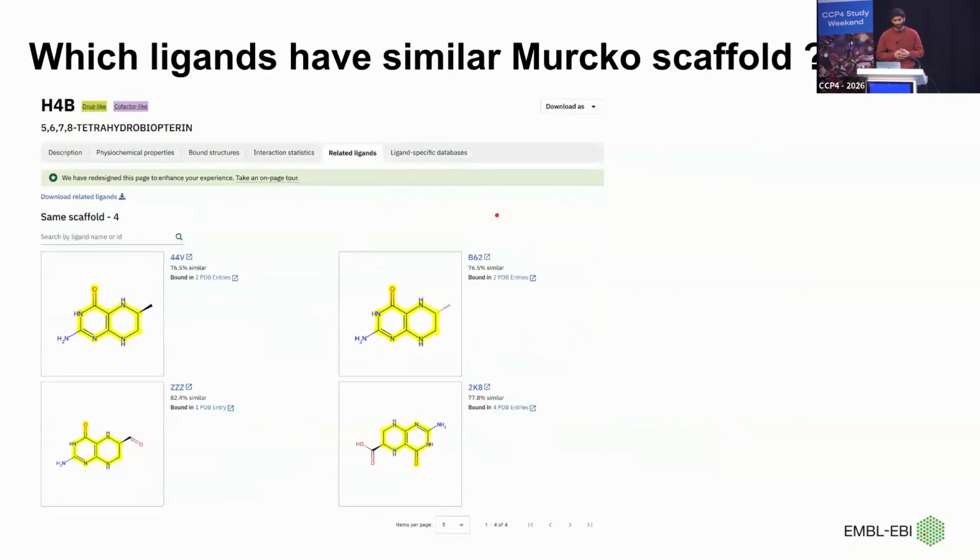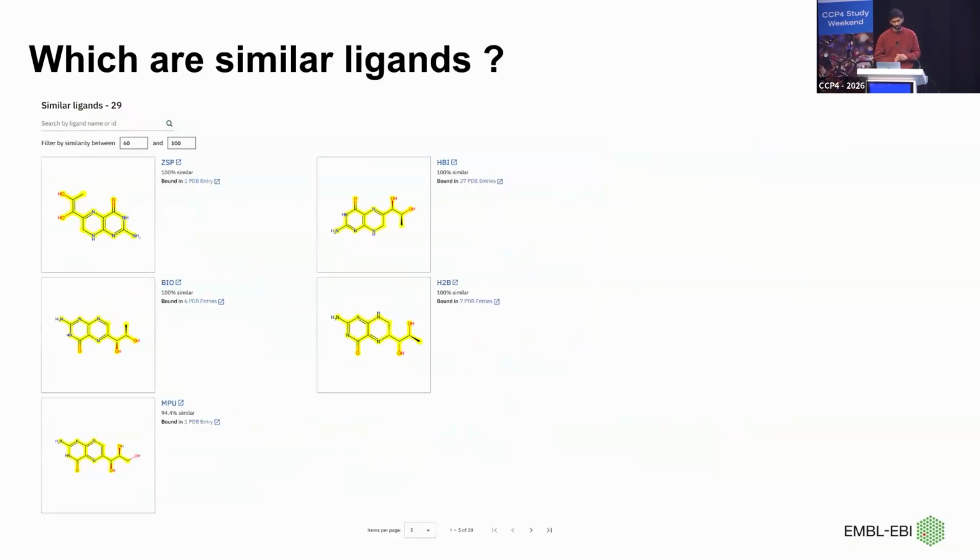Now, once you know about a particular ligand, maybe you're interested in what similar ligands are already present in the PDB and how similar they are, and what different substructures are present. We highlight them in the interface. We put a minimum cutoff of 60% similarity, and we also highlight which part of the ligand has the high similarity.